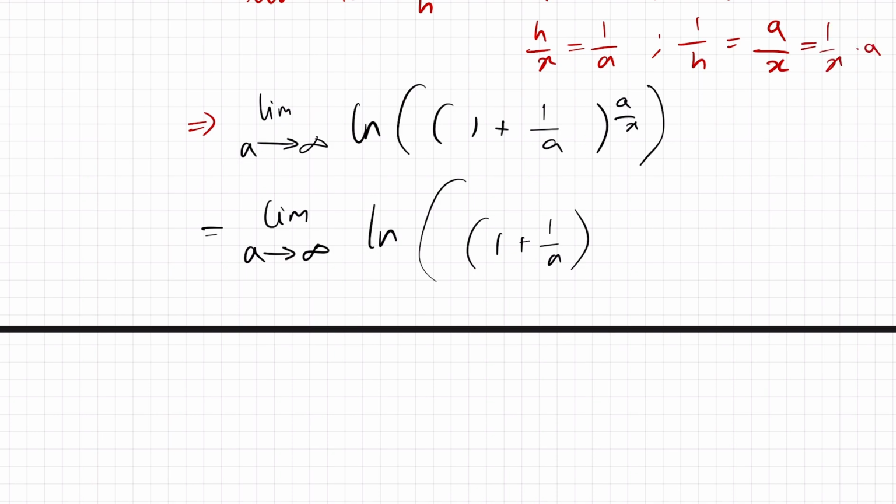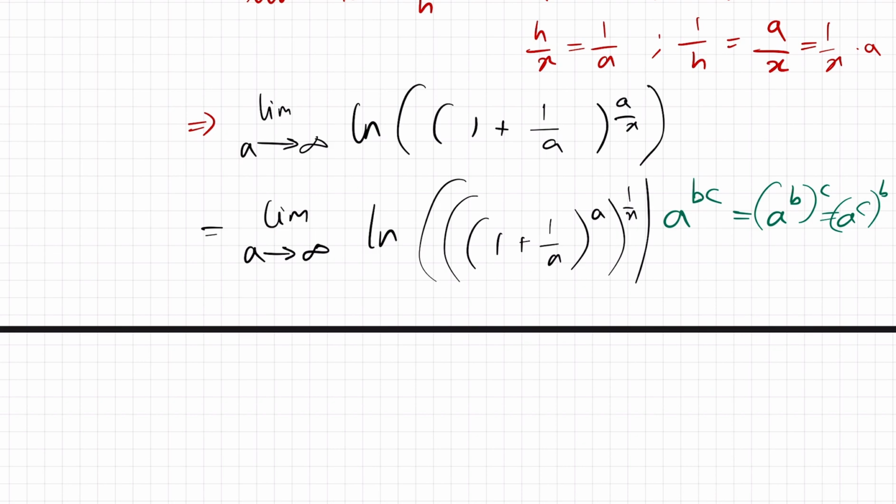And an exponent law you should know is that a to the bc is the same thing as a to the b to the c, which is the same thing as a to the c to the b. So what I can do is write 1 plus 1 over a to the a over x as 1 plus 1 over a, to the power of a, to the power of 1 over x.